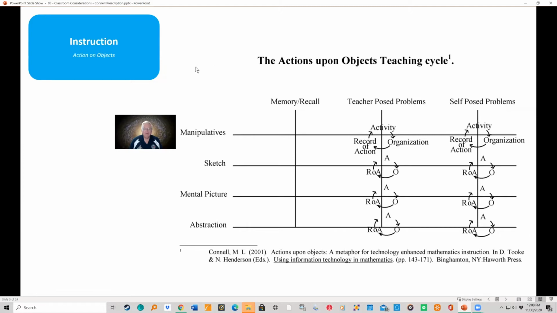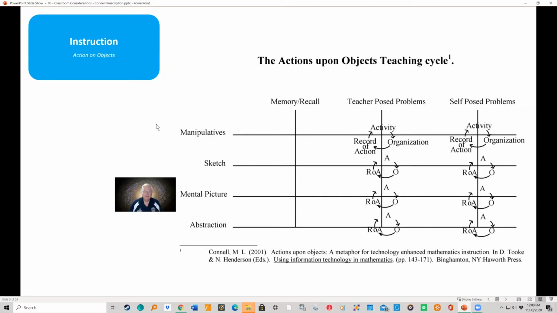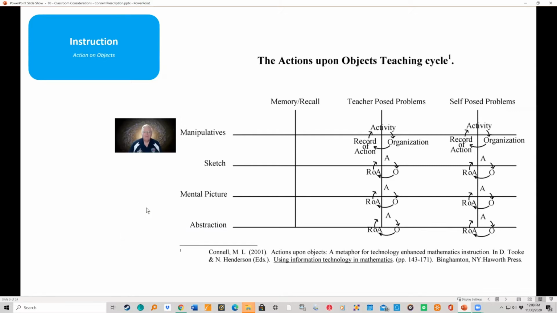If I'm at 4th through 6th grade, I am probably going to be thinking more with sketches. If I am at middle school, I might begin to be making use of mental pictures effectively. And then finally, if I am at the high school or college level, I'd be functioning in the level of pure logic, pure abstractions. Now, this is not to say that we can't use abstractions as a record of action, but only if it's meaningful for the student.